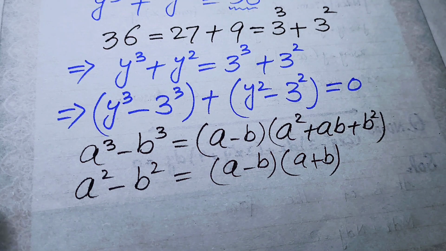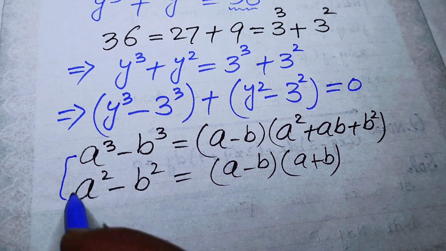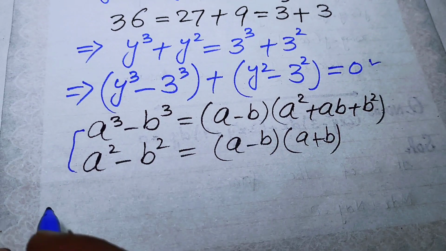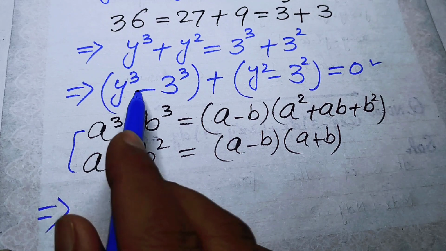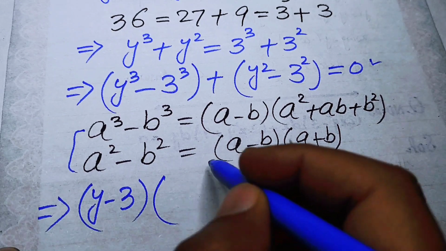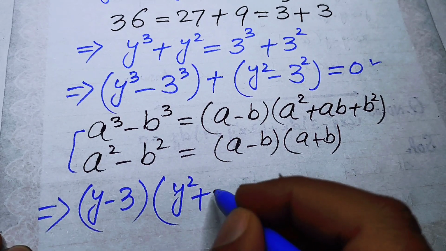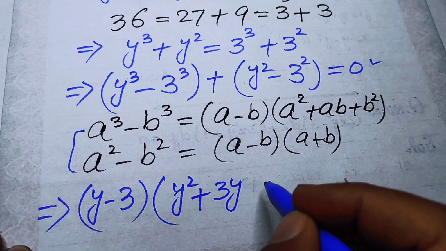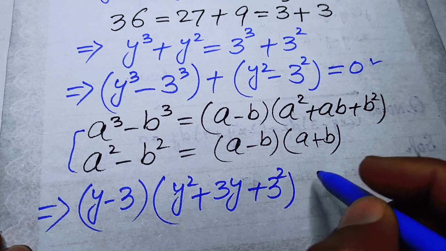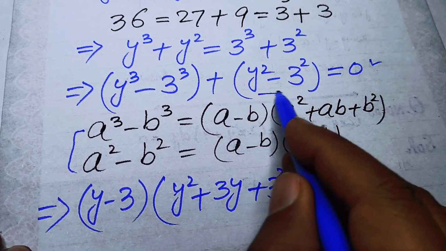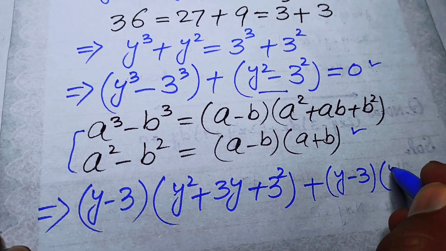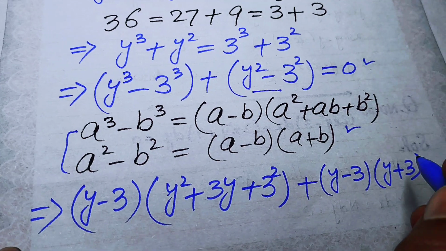So here I will apply these two formulas to solve our given equation. Now we apply first the cubic formula, and we get y minus 3 into y squared plus 3y plus 3 squared, plus now we apply the other formula, so we get y minus 3 into y plus 3, is equal to 0.